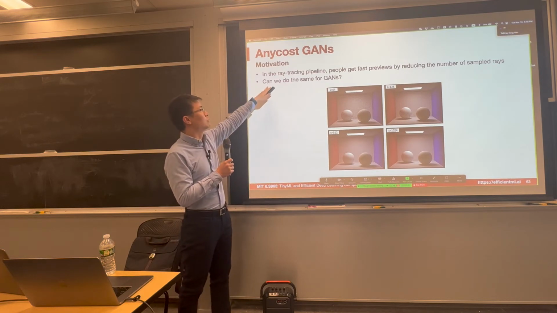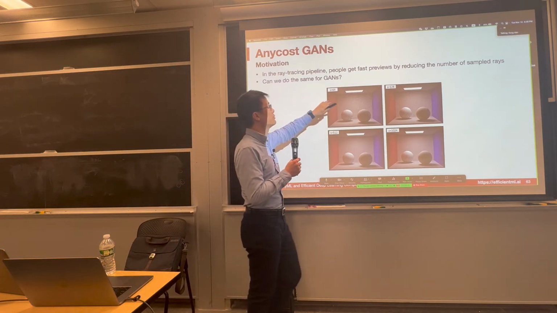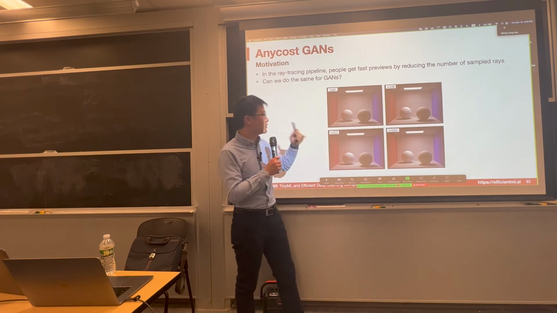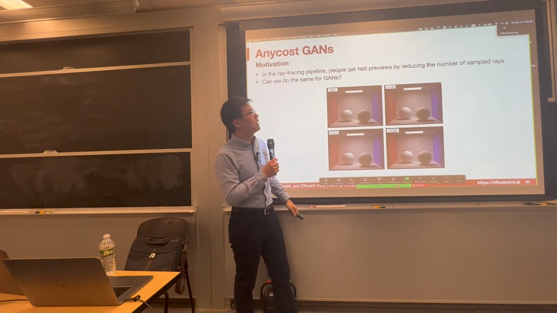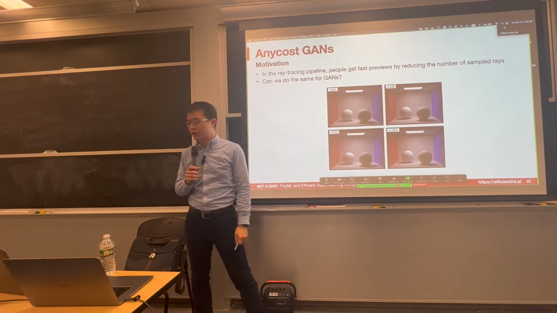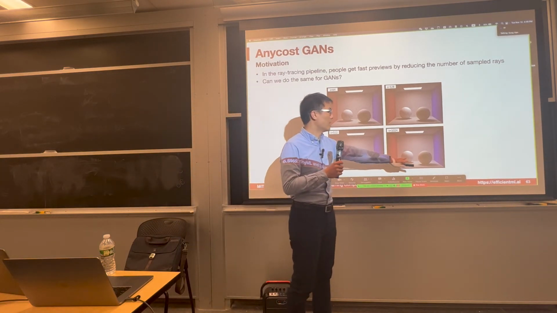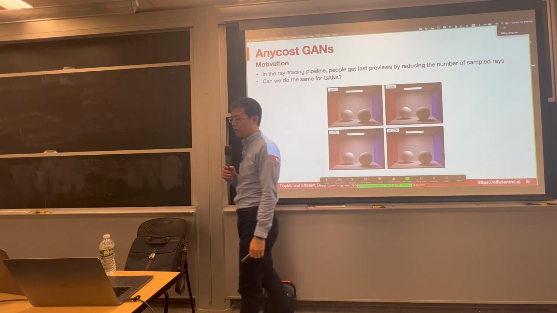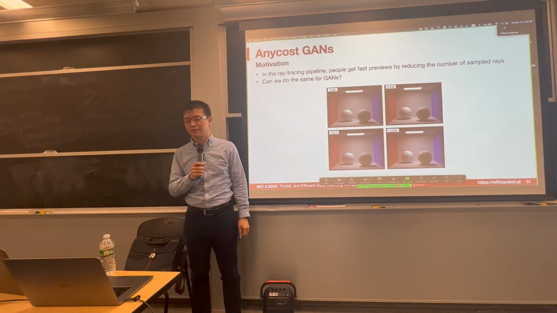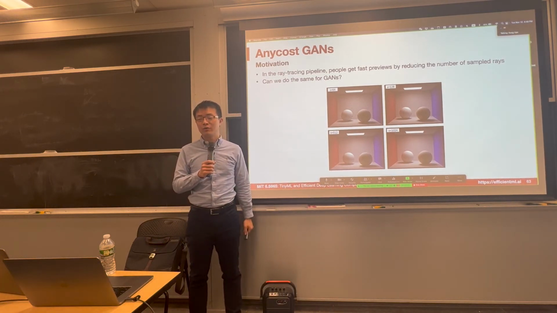Borrowing the idea from the ray tracing pipeline, people get faster previews, for example this one, by reducing the number of sampled rays. And this is very high quality, but it has a larger amount of sampled rays. Can we do the same for these GAN models?